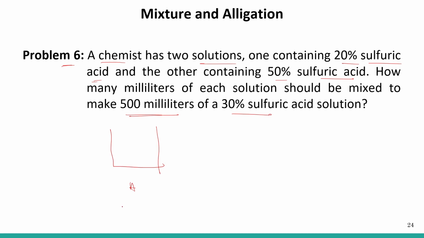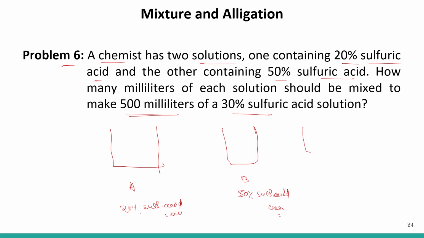This is Jar A with 20% sulfuric acid concentration, and you have a Jar B that is with what? So this has 20% and this has 50% sulfuric acid concentration, let's say.